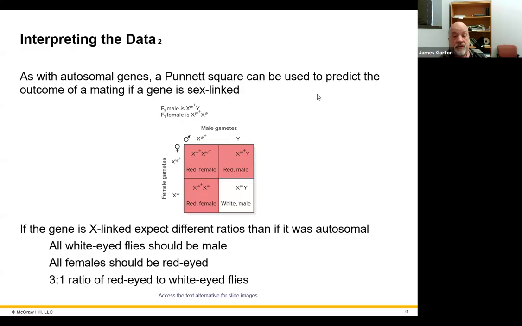And that would lead you to the expectation that in this particular cross, all the white-eyed flies should be male. And no females should have white eyes. And so that explained his data very nicely.